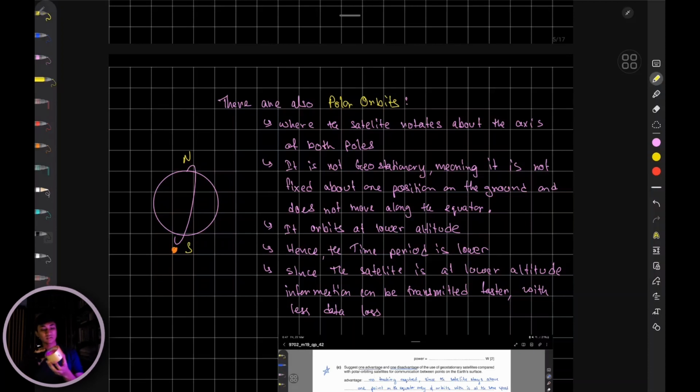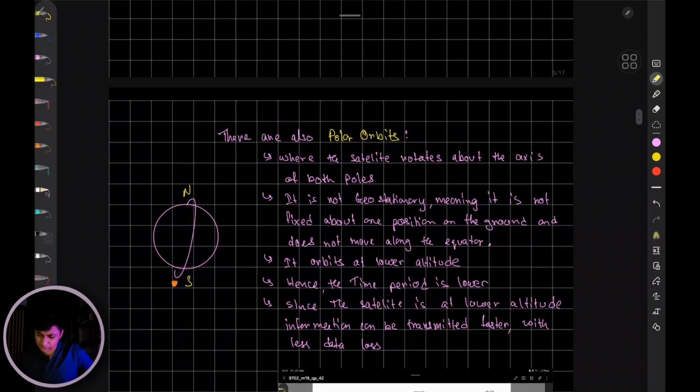While beginning this video, I took this example and said how if I take a point and I make it orbit, it is going to orbit out of sync. It is not going to be about the same fixed position. So in polar orbits, the difference is it's not going to stay above the same fixed position, right? That's the first point.